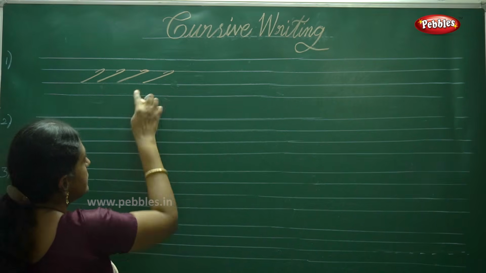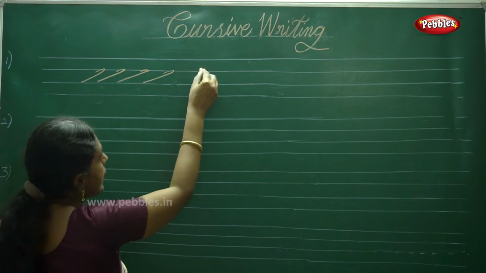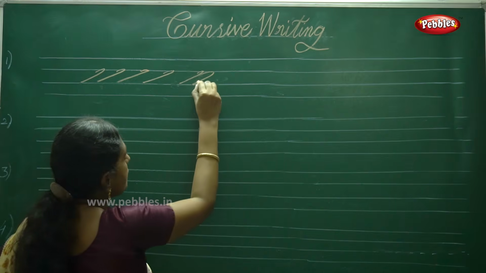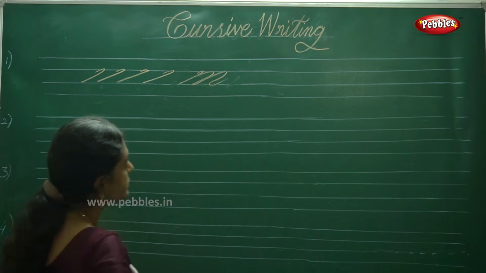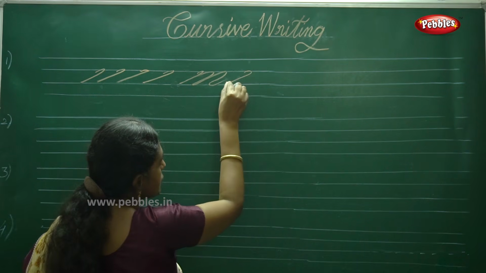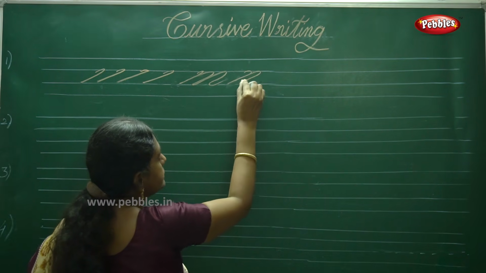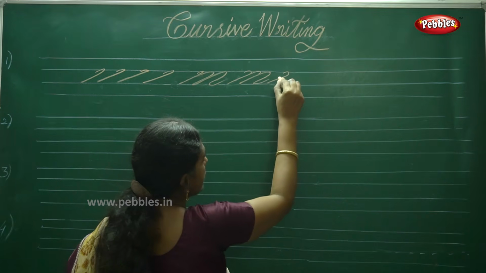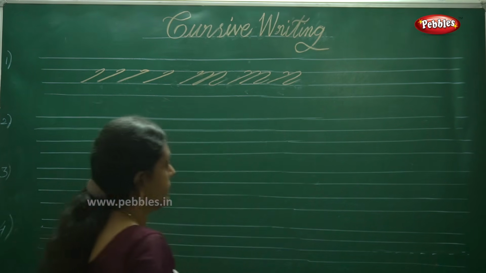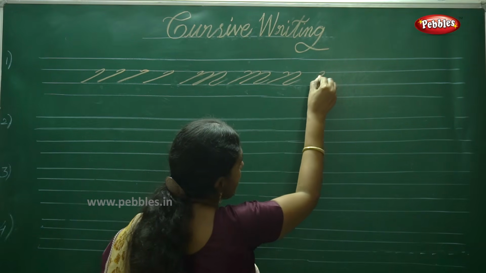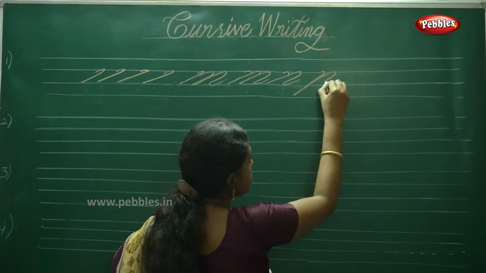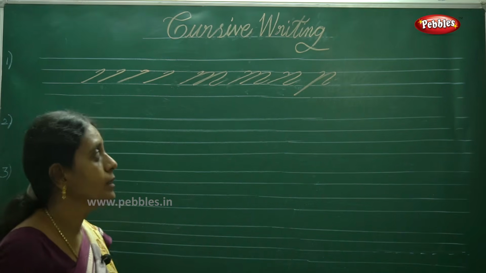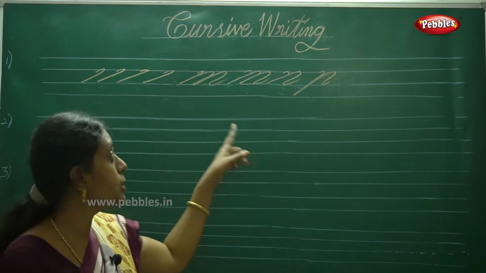Okay, from this stroke the alphabets we have to make, that is M. Draw the basic stroke, then make it M, then draw N, M, N. Next, again you have to write P also from this stroke. The previous tick stroke we wrote P, another P here also from this stroke.